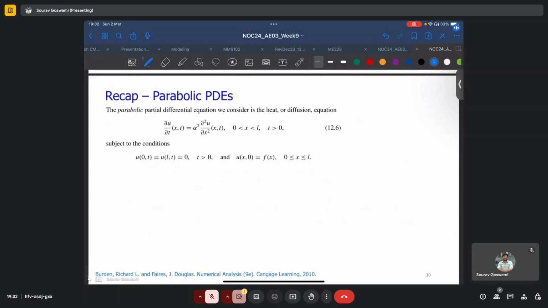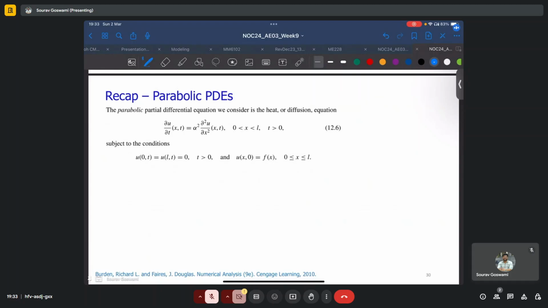We discussed elliptic PDEs. Now let us talk about parabolic PDEs. And even without realizing, we have already encountered the parabolic PDE before in the form of the diffusion equation, or in one of its more commonly encountered forms called the heat equation, which was of the standard form ∂u/∂t equals alpha squared ∂²u/∂x² for 0 less than x less than L and t greater than 0.